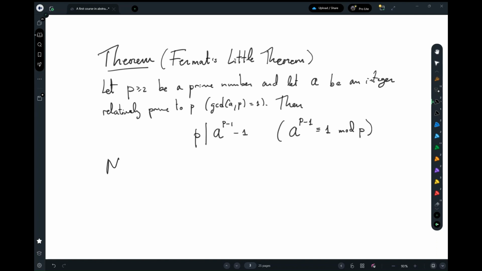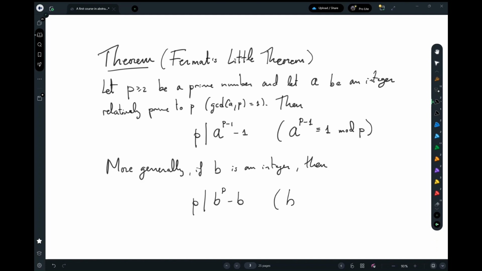More generally, if b is any integer, then p divides b to the p minus b, or in other words, b to the p is congruent to b modulo p. So what does this say?